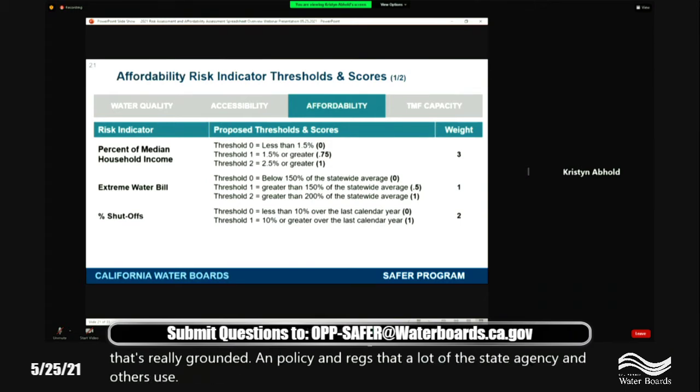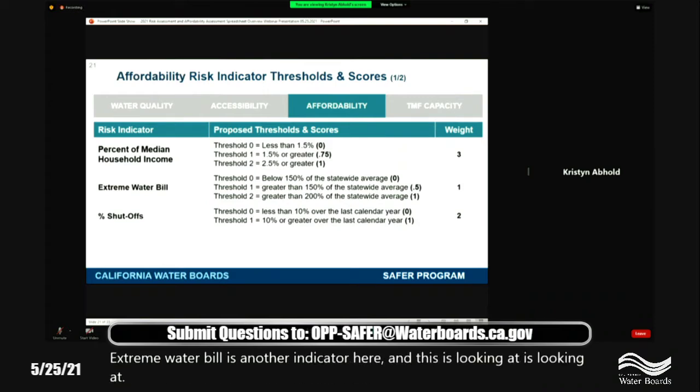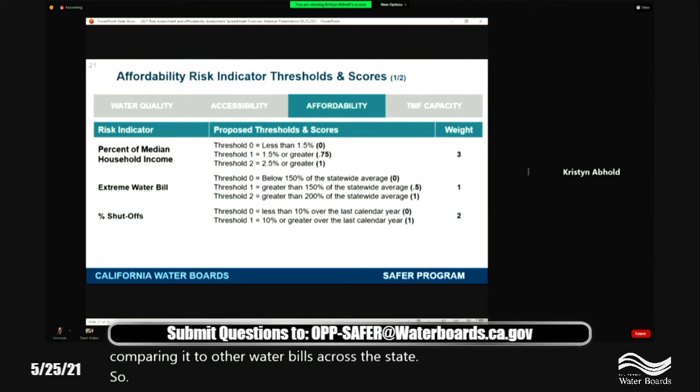Extreme water bill is another indicator here, and this is looking at the water bill, but instead of comparing it to household income, it's comparing it to other water bills across the state. So if the water bill is 150% above the statewide average, the risk score is half a point.